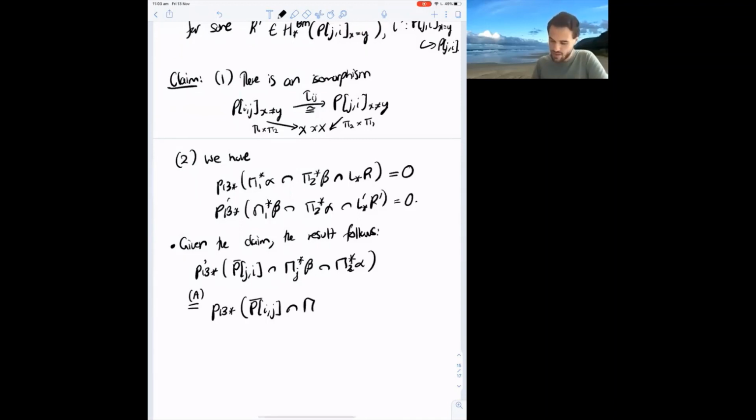So we get pi2 star, pi i star of beta, which is equal to, now you're just interested in swapping alpha and beta, to get the expression that you had on the other side.